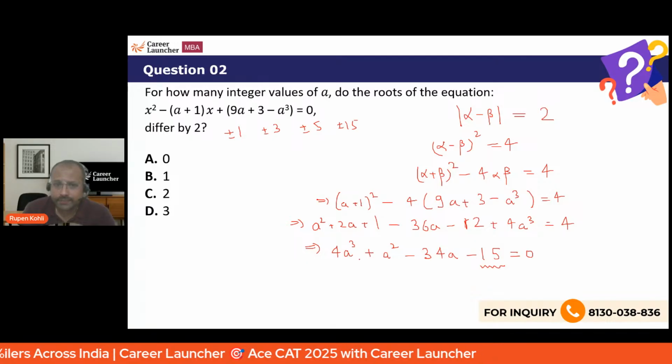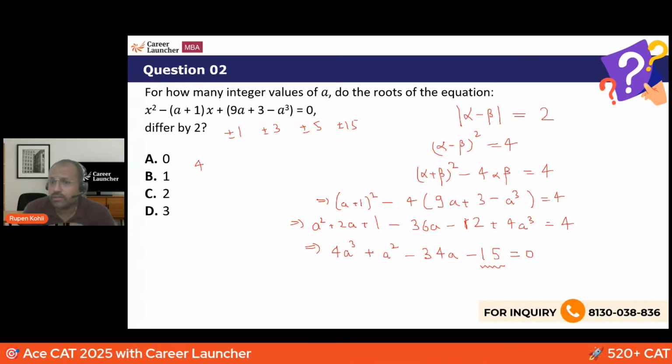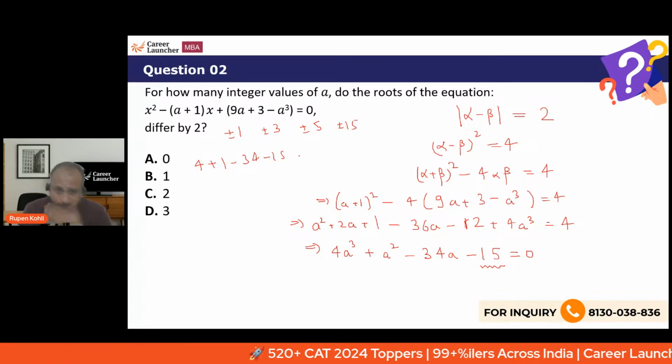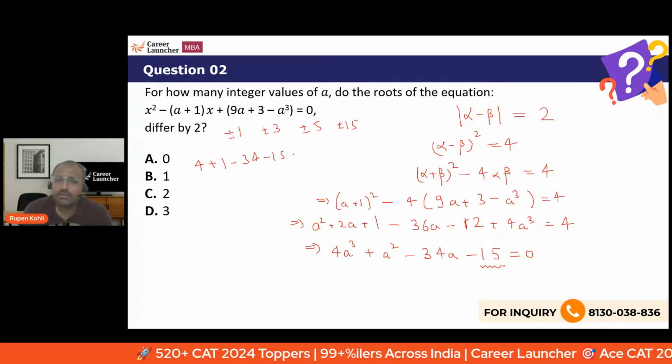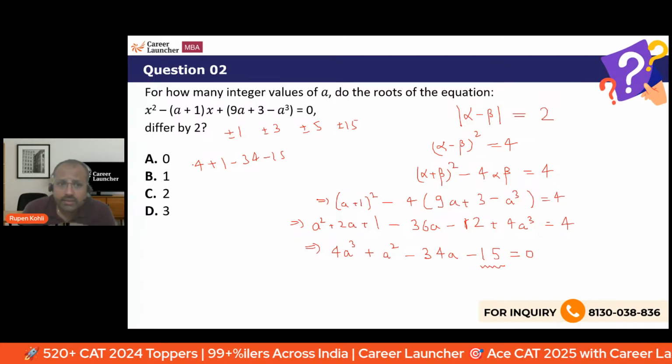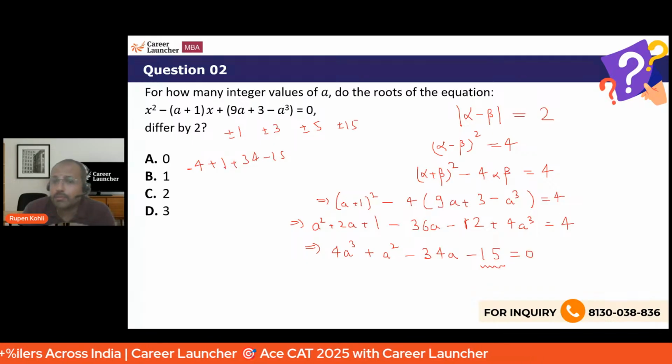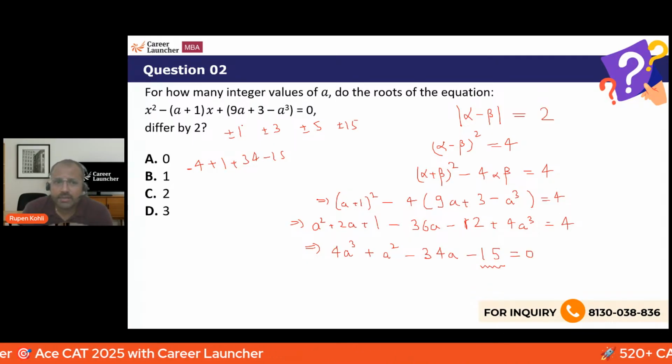So let's do that. Trying 1, if root is 1, then at 1 it should be 0. So 4 plus 1 minus 34 minus 15 is not 0, clearly, so it's not a root. And even if you had tried minus 1, then it would have been minus 4 plus 1 plus 34 minus 15, that is also not 0. So plus and minus 1 are ruled out.